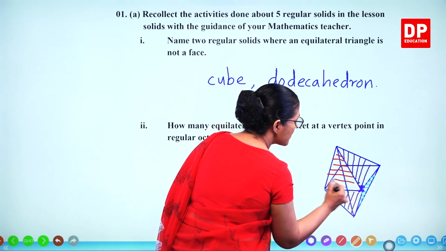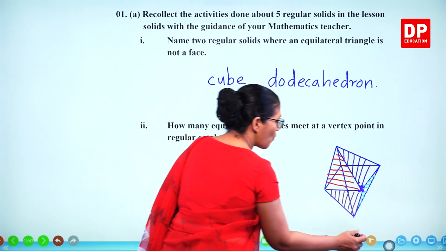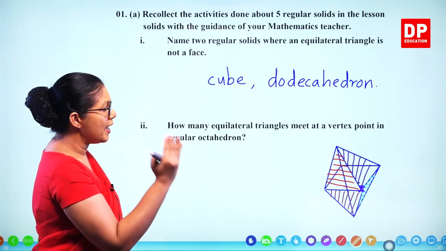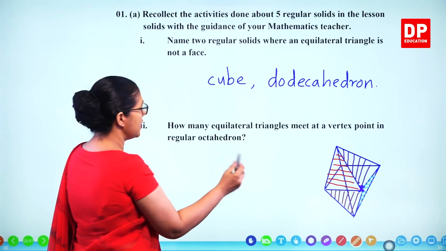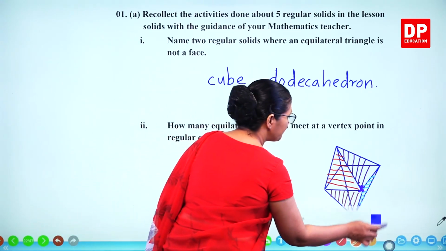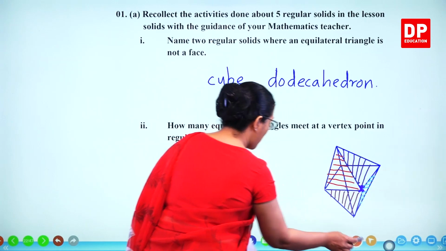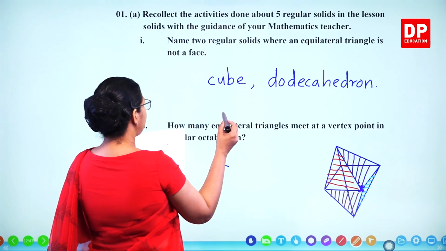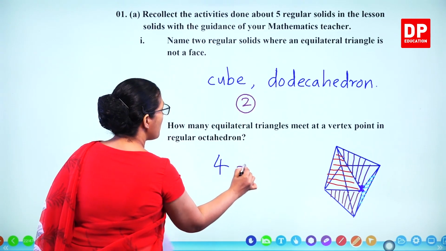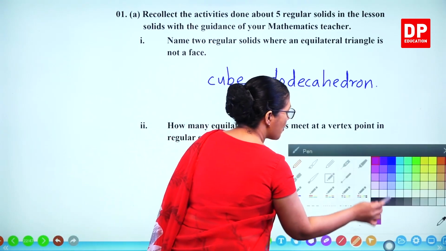This is the other face. So when you take one vertex point, you get 4 equilateral triangles meet. So answer is 4. So how many marks for these 2 steps? 2 marks here and 2 marks for identifying number of faces.